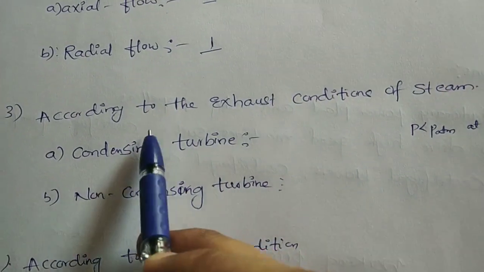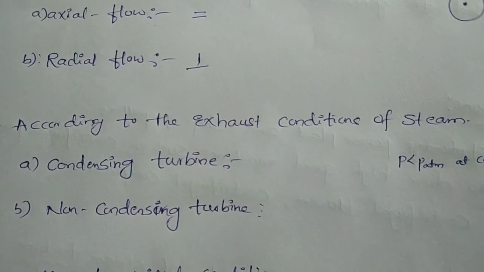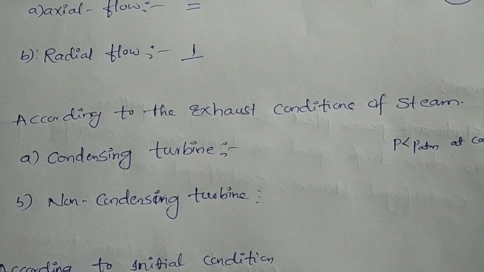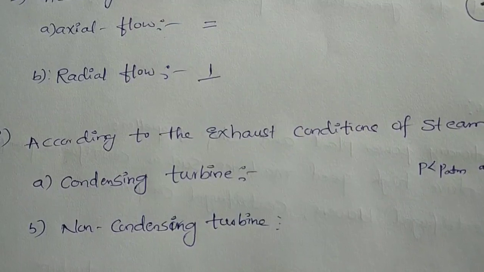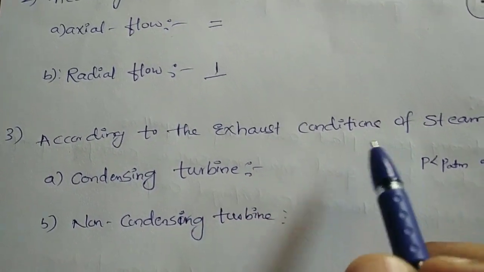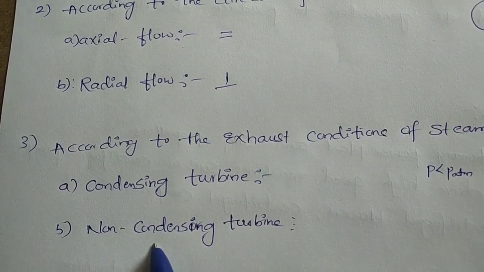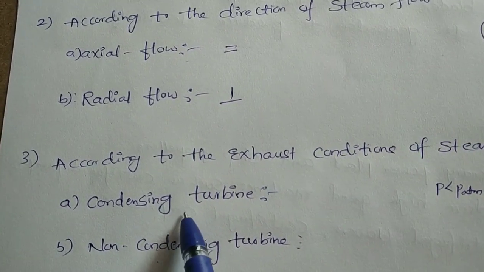Another one is according to the exhaust condition of the steam. After the steam expands in the turbine blades, after the expansion that steam comes outside. Based upon that exhaust condition, steam turbines are classified into condensing turbines and non-condensing turbines. What is meant by condensing turbine?